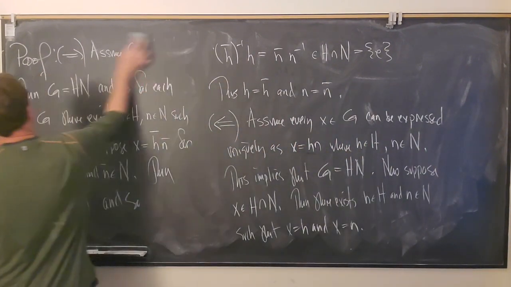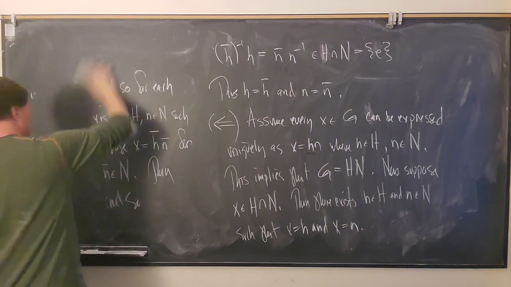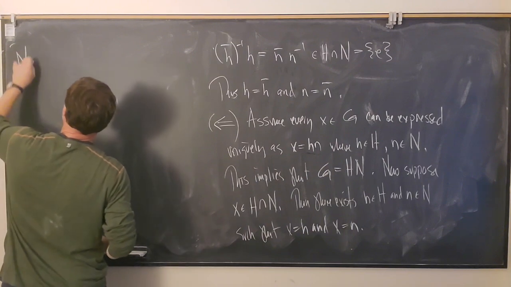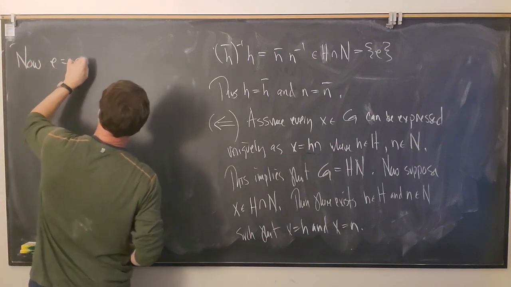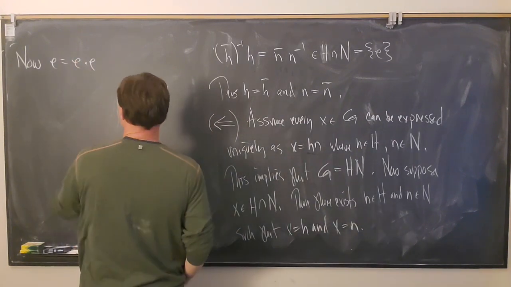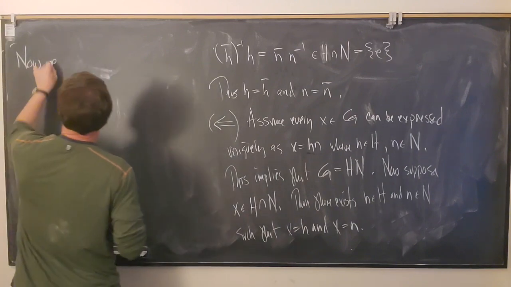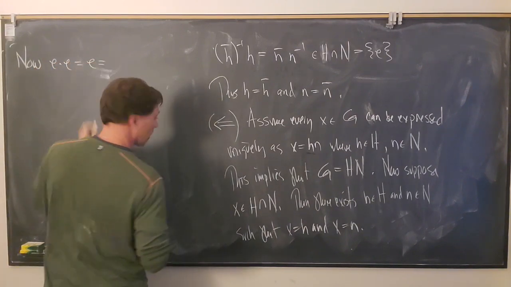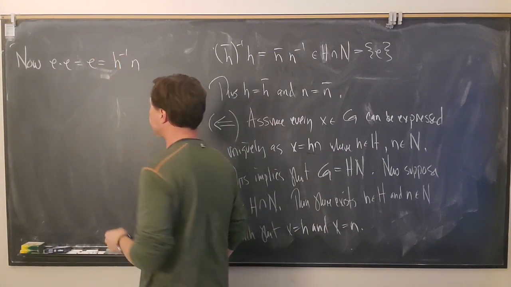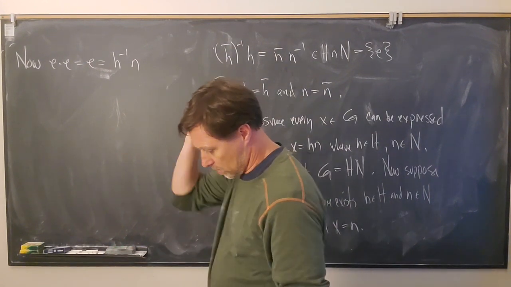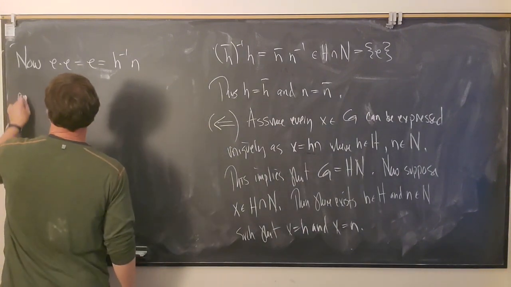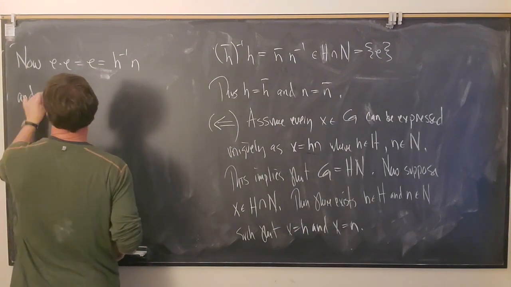So now e equals e times e. I could write this the other way. e times e equals e, which equals h inverse times n. And so, by our uniqueness assumption, what does it tell us?